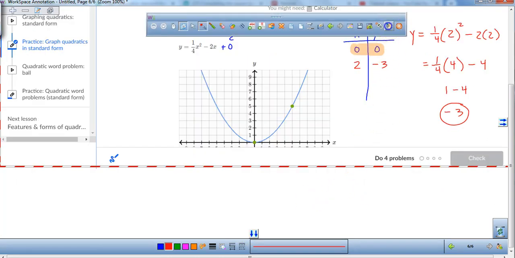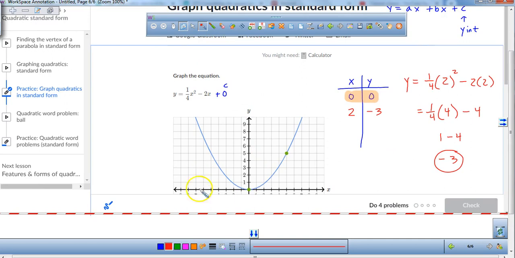Now, there's a cool formula that allows you to find your vertex each and every time if it's in standard form. And that formula, the first thing we've got to find is what's called our axis of symmetry. So I'm going to write axis of symmetry. This is a formula you're going to want to write down.